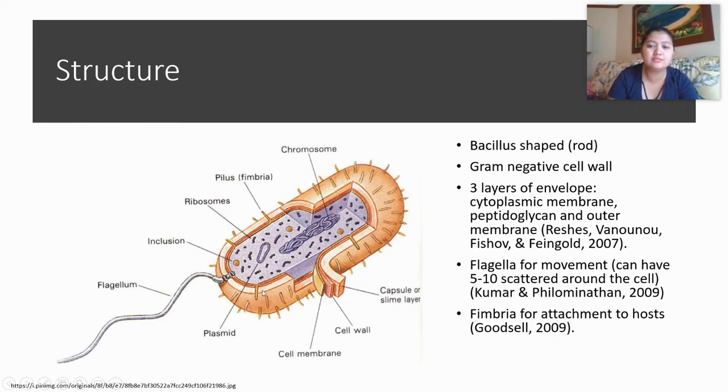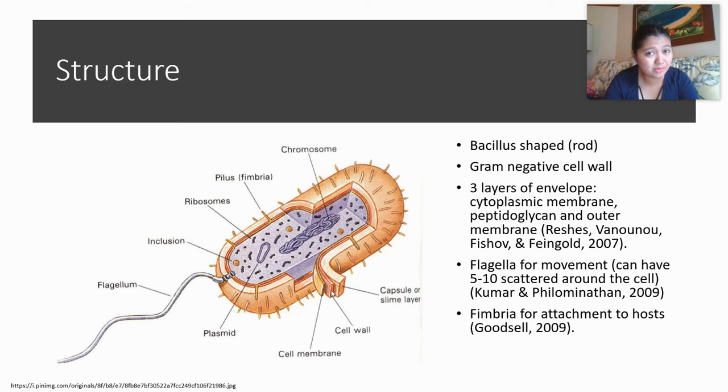It is a gram-negative cell wall. So again, just as a reminder, prokaryotes do have a cell wall. And we can see that right here in this label, cell wall, it is right below the capsule or the slime layer. An interesting characteristic for bacteria is that they do have three layers. So we've talked about the cell wall.